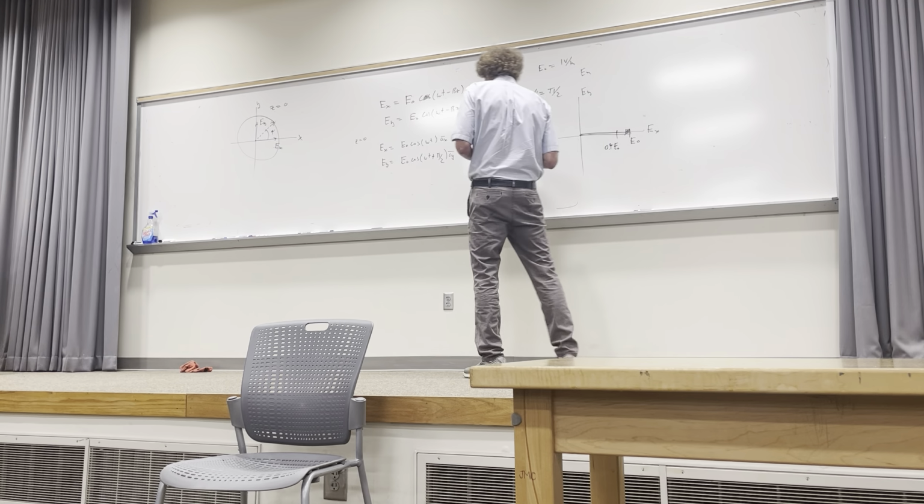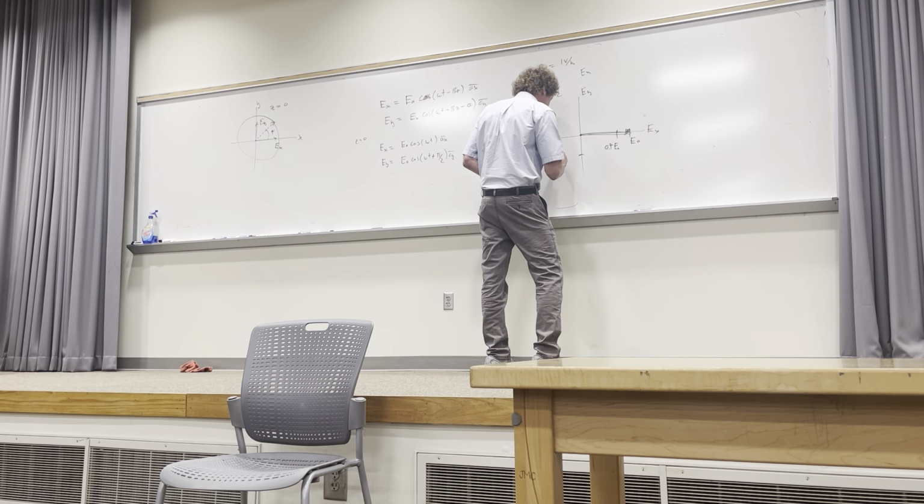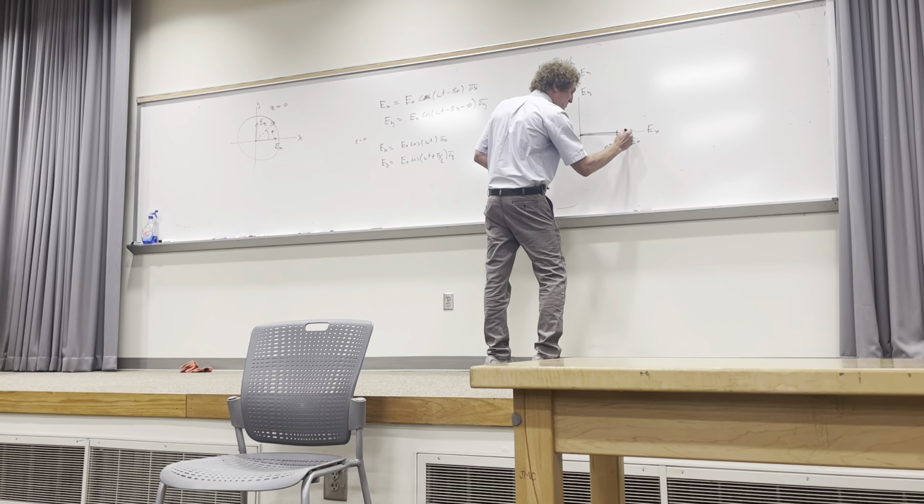Now I have cosine of what? 135, don't I? What's the cosine of 135? We're past the null, past the 0 point, right? It's negative, right? It's negative 1 over square root of 2, isn't it? So it's down here.